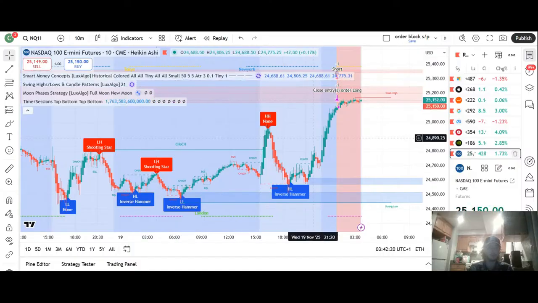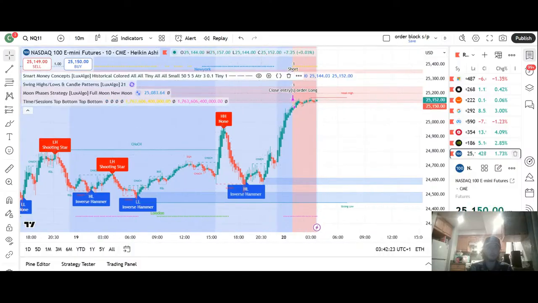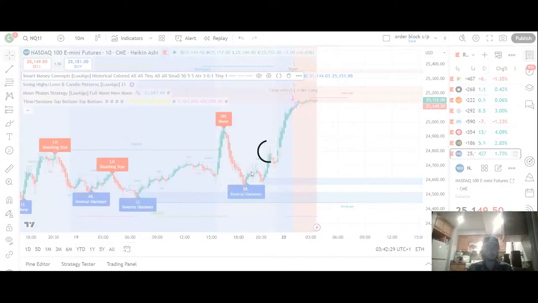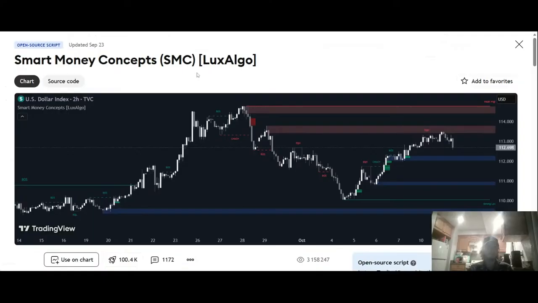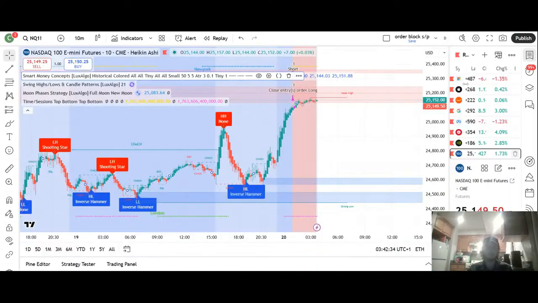That's a smart money one. The smart money one does pretty much everything on this chart. About this, smart money concepts, SMC, Lux Algo. You have this order block in the red area. If it goes past half, that's one expert tip. It will continue up to this and then maybe still come down. But if it doesn't breach this half point and actually breaches out of it, you will expect it to continue.